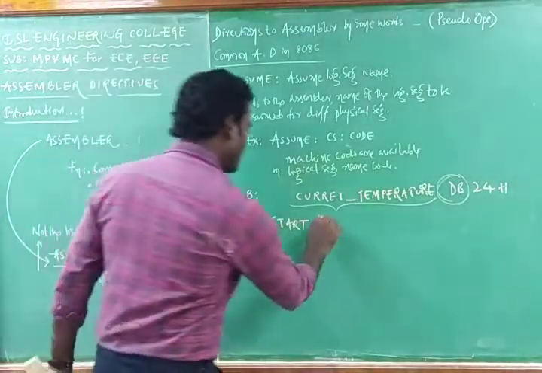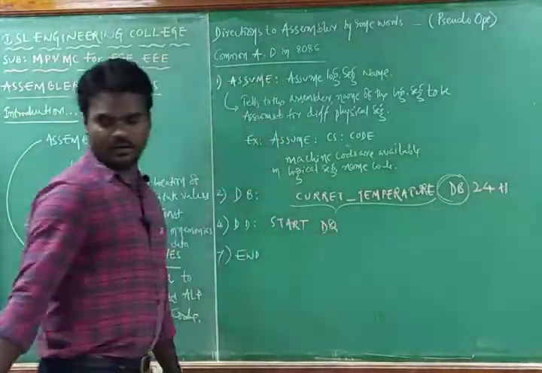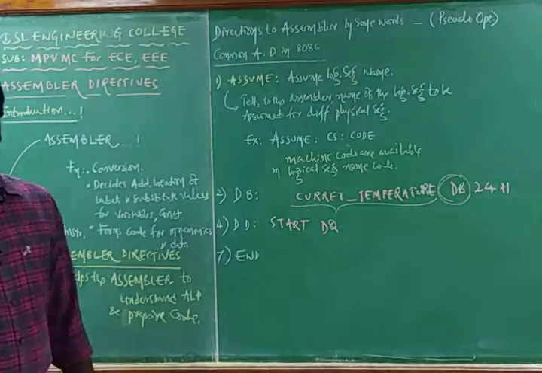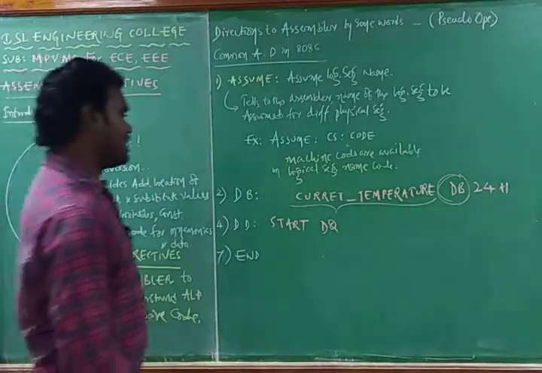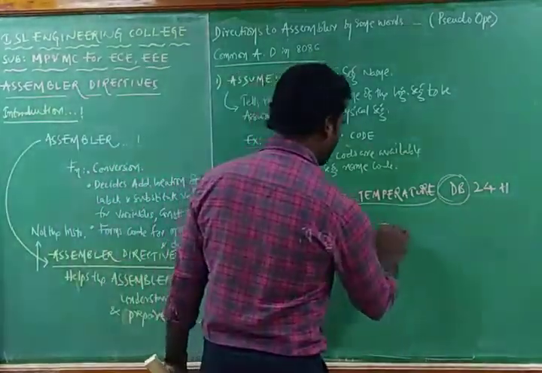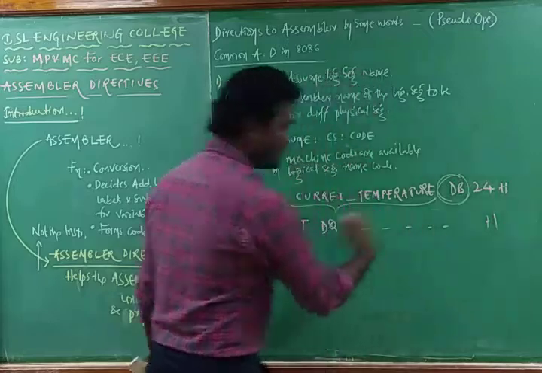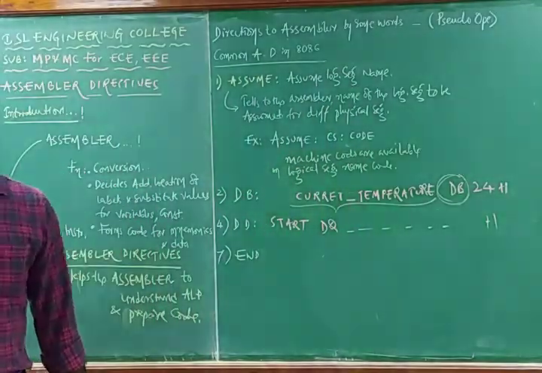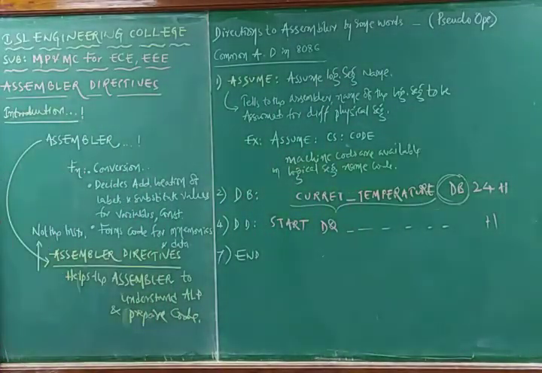This is define quad word, so it is going to have 8 bytes, which means you can represent numbers like this. In this example the define quad word directive directs the assembler to reserve 8 bytes of memory for a variable named start.